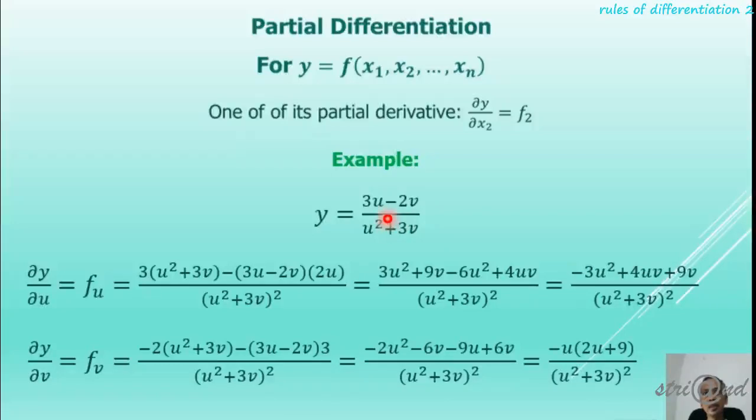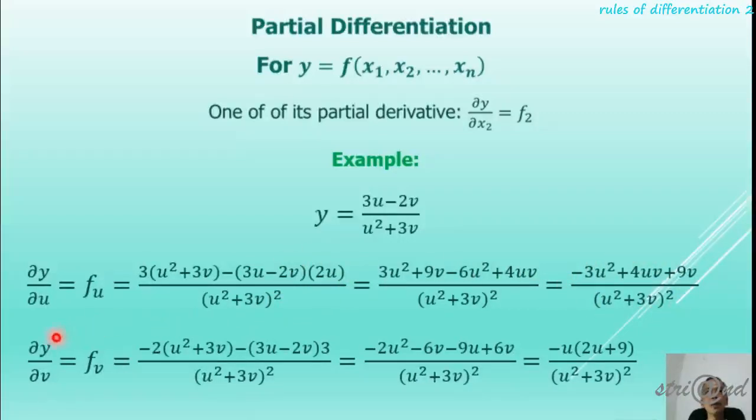So the derivative is only coming from the u squared, and the derivative of u squared with respect to u is 2u, and then divided by the denominator squared. Then we can simplify this equation, becoming this result.